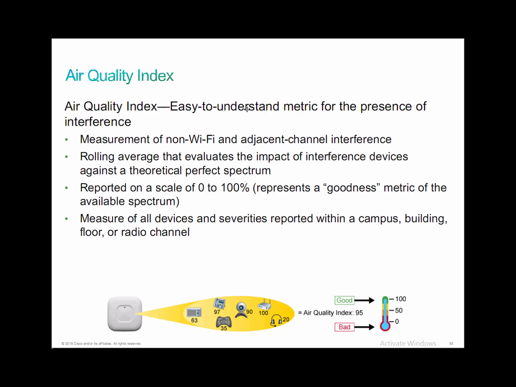It's a rolling average, right? It indicates the impact of all the classified interfering devices against a theoretical perfect spectrum. And these are values that you can see in MSE and the wireless LAN controller.